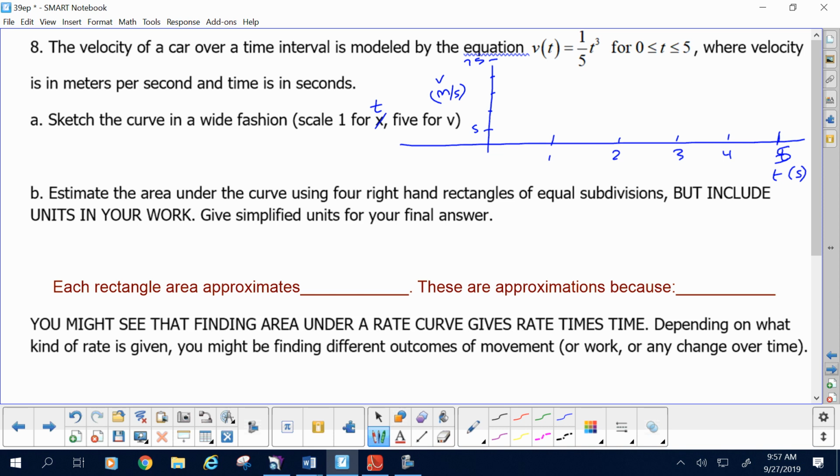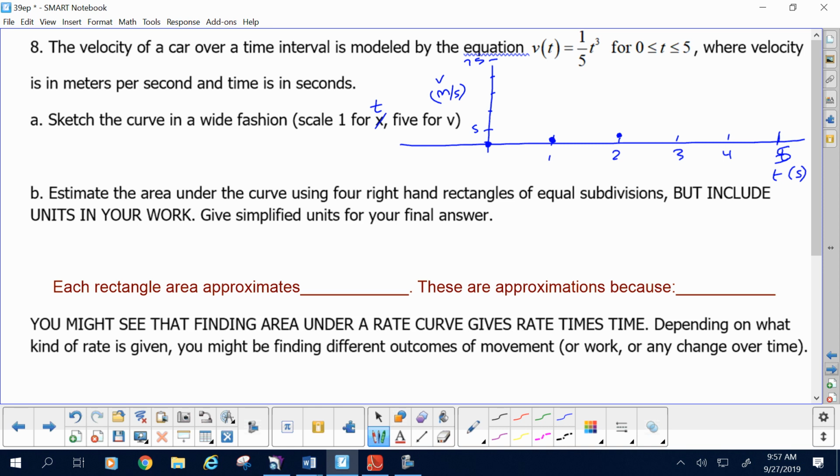All right, so we're going to graph this velocity curve. We'll just find the whole number. So velocity at 0 is 0. Velocity at 1, 1/5, so that's practically just barely above the axis, just almost right on the axis. What about velocity at 2? 8/5, so that's just barely above 1, between 1 and 2, still pretty small.